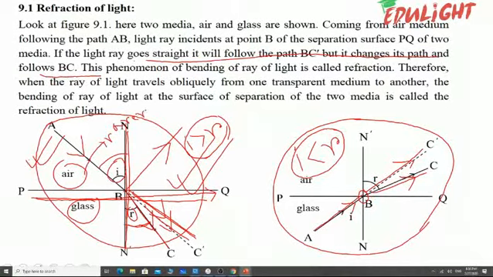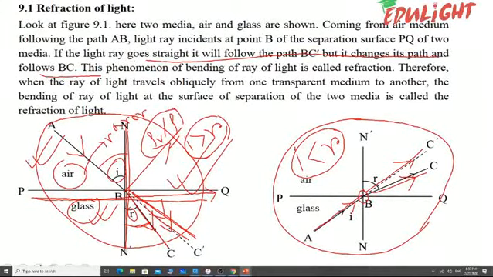Because it has density, rho, much less than that of glass, that means this medium. So as it has less density, which has already been discussed in the 4th or 5th chapter, I think, of your physics book, the density of air is less than the density of glass.